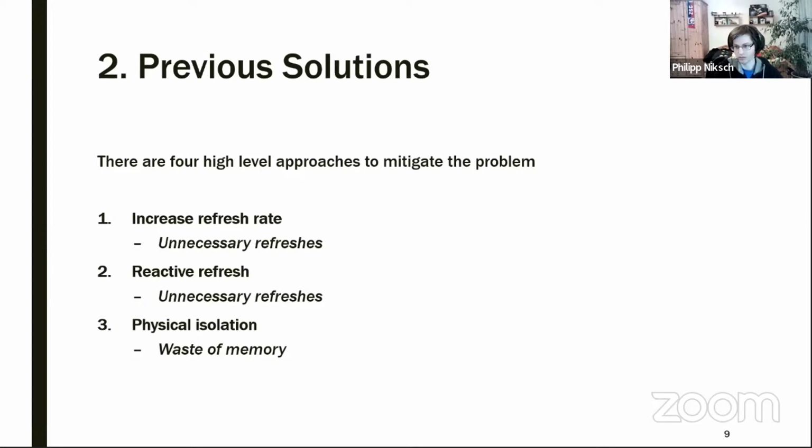This approach obviously wastes space in memory. The last method is to proactively restrict the accesses to the same memory row to a safe frequency. This will also throttle the accesses made by harmless applications, however.